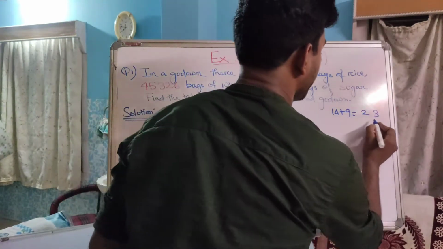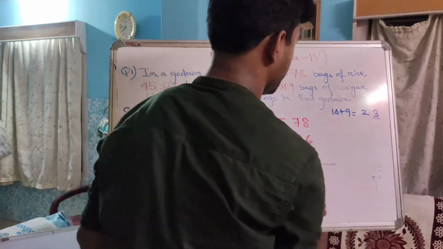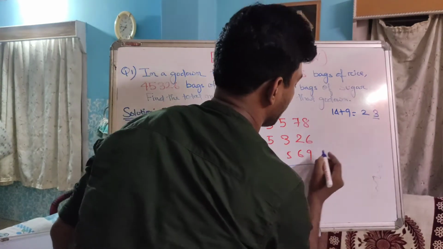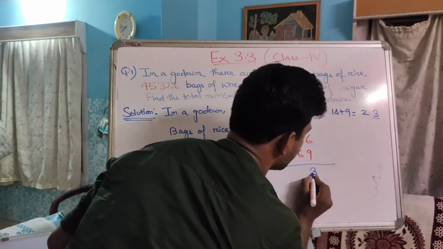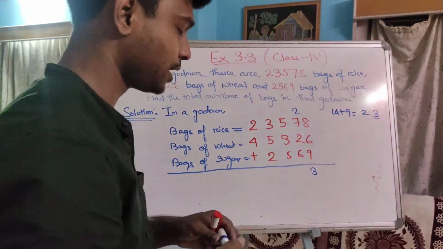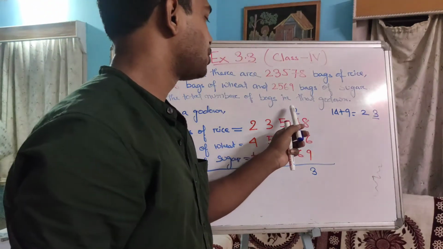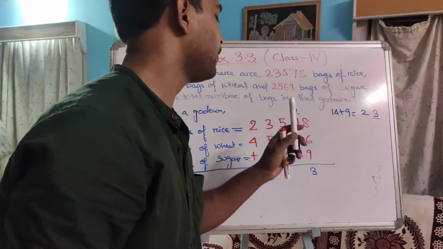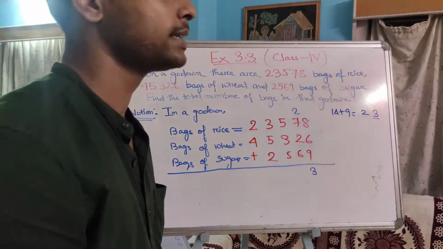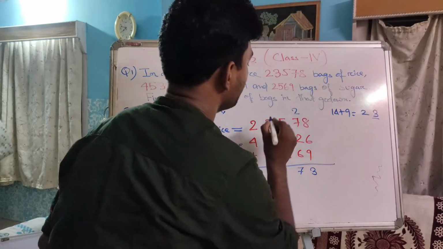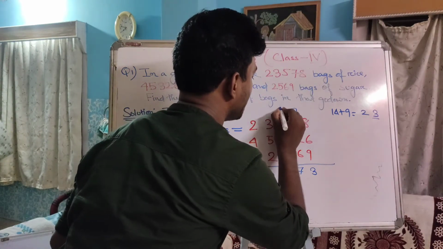But we will only write the ones digit. Since this is the ones place, we will write the digit 3, and this 2 we will add in our tens place. Now 2 plus 7 is 9, 9 plus 2 is 11, and 11 plus 6 will give us 17, and we will write only 7 here. 1 we will be adding here.